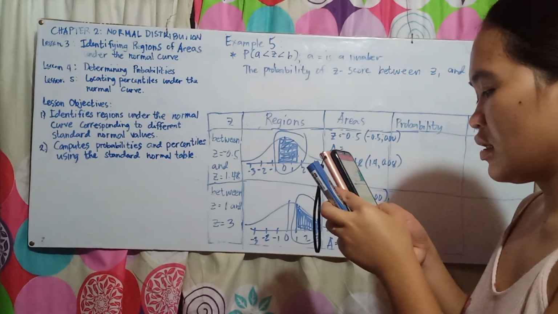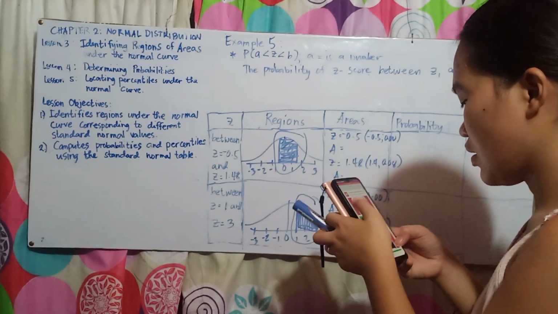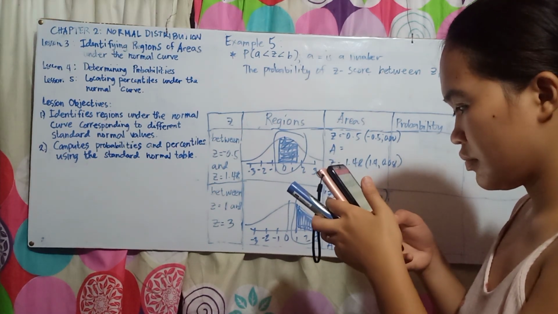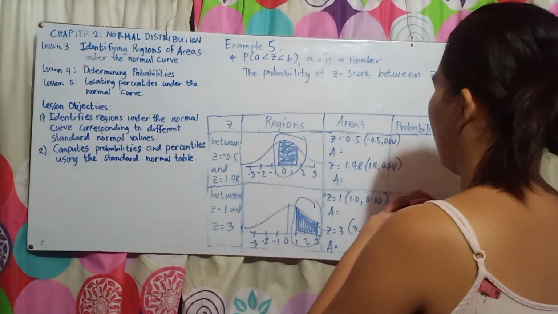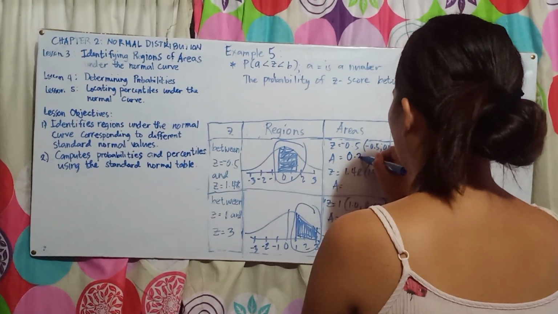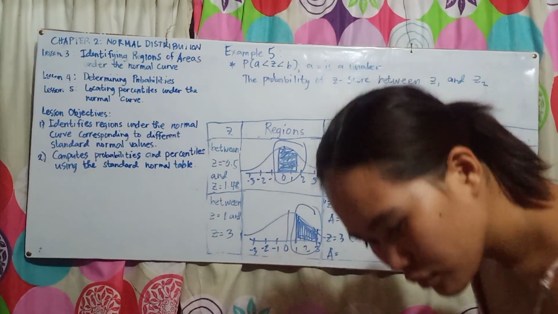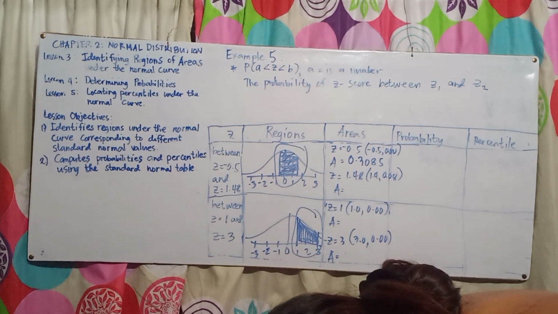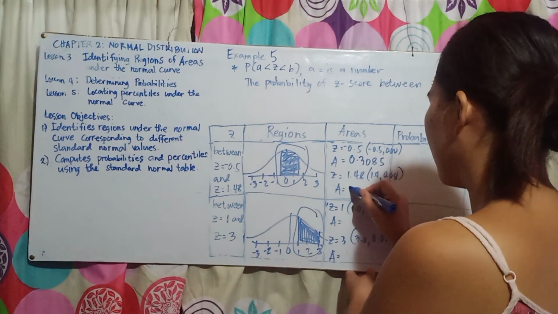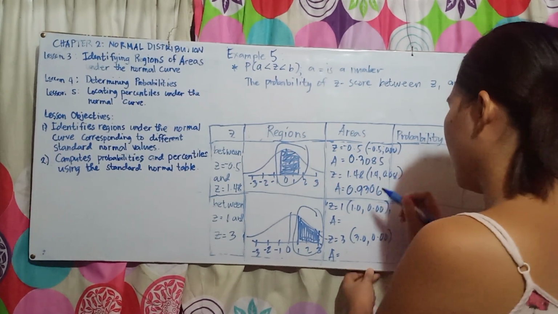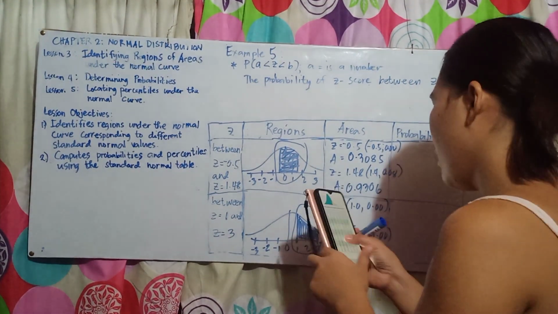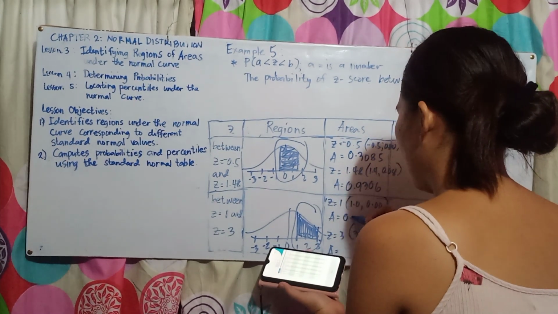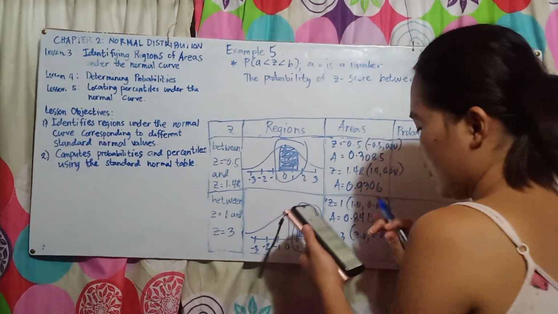So, negative 0.5, 0.3085. Always jud magdala og table. 1.48, 0.9306. Z equals 1, 0.8413.